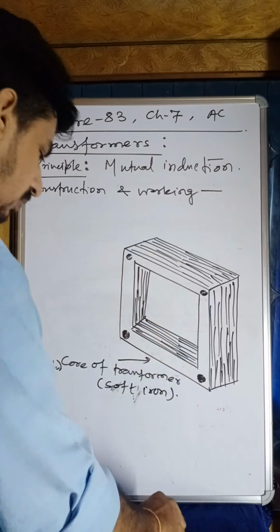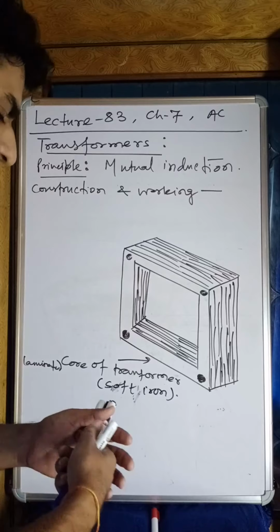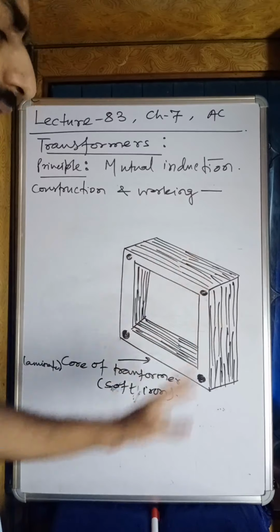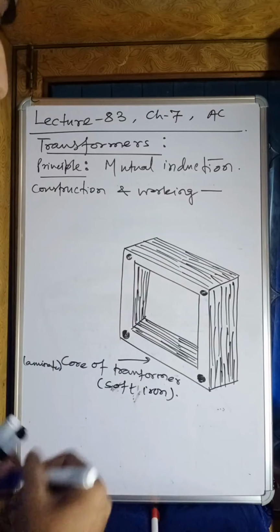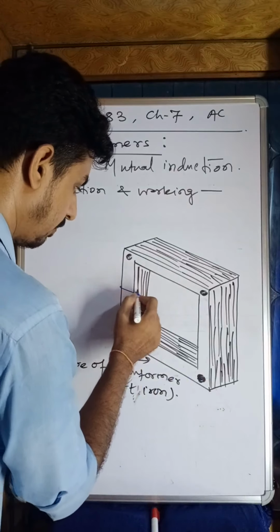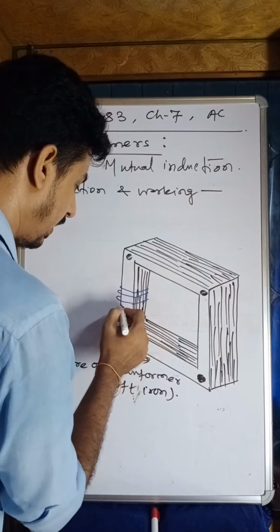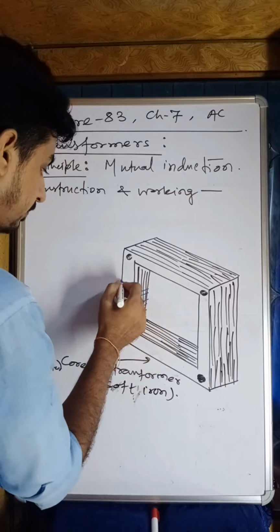Now, my dear students, look at here. The terms primary and secondary are given as input and output. Actually, this core of transformer is used to transmit the magnetic flux, which is formed by the coils. Look at here, I am giving the number of turns. These are the coils over the transformer.